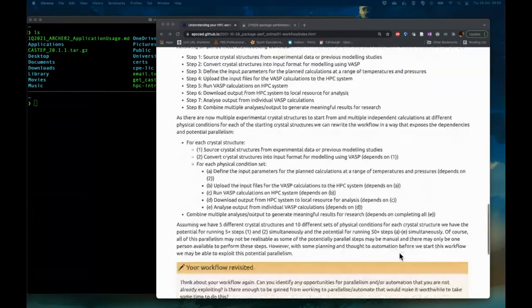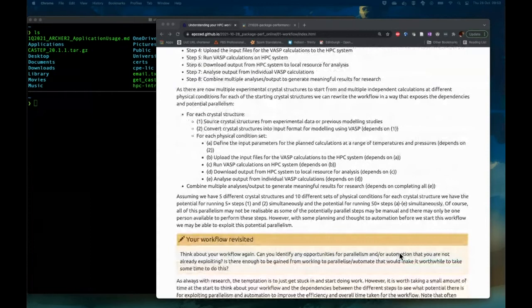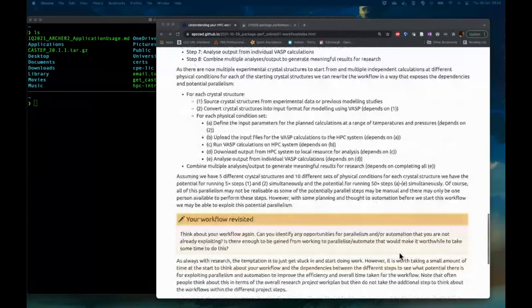And again, there's an option here: I would encourage you to do this after the course. Have a think about your workflow in the context of these considerations, and see if there are any opportunities for you to improve things.